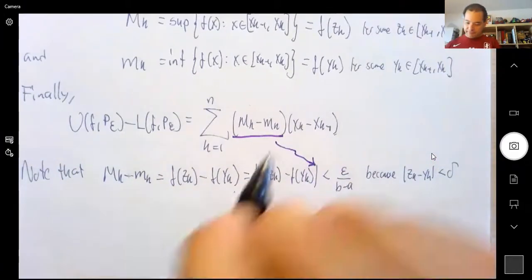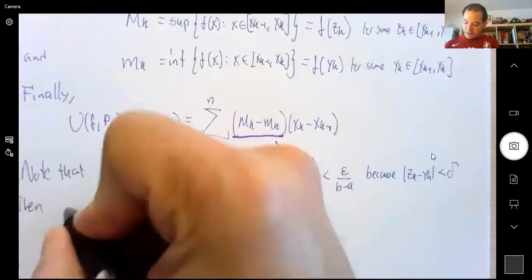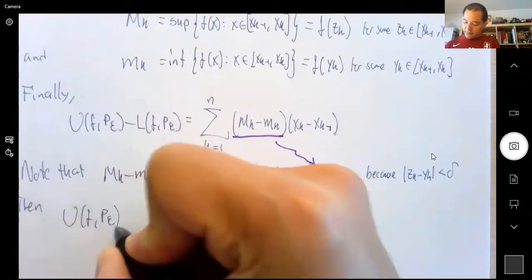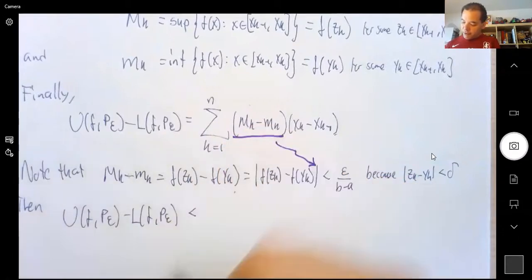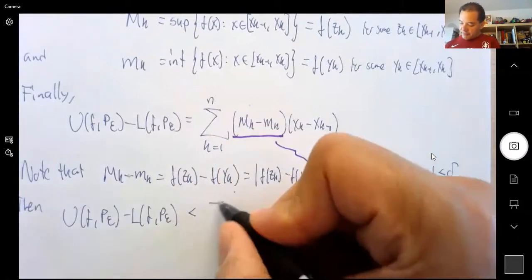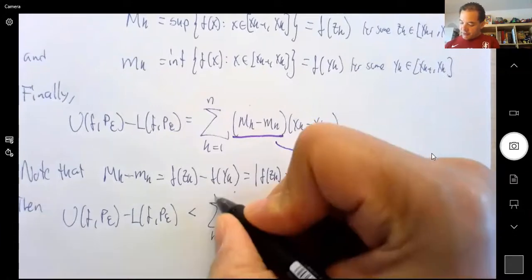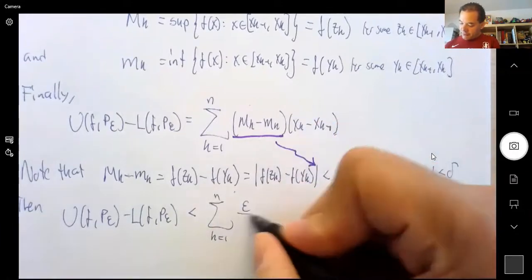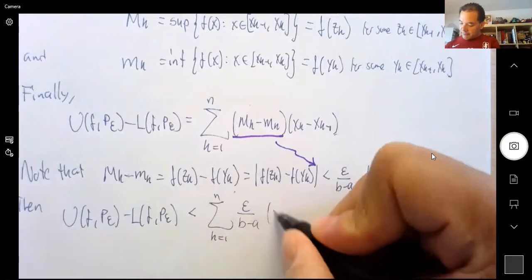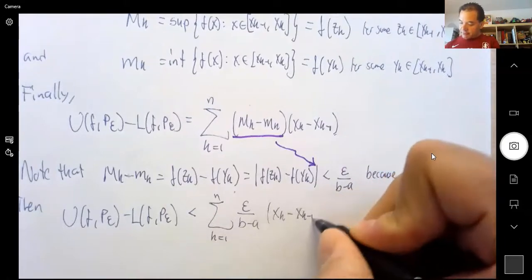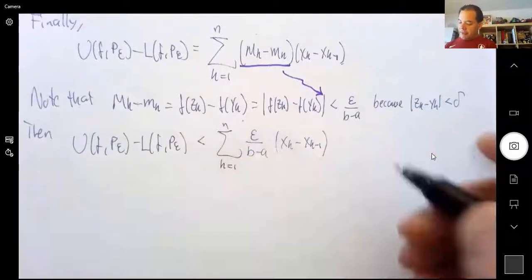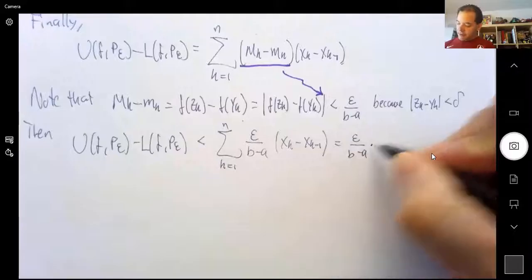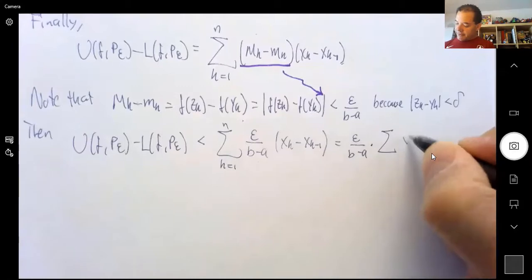So then U of f, p epsilon minus L of f, p epsilon will be smaller than the sum from 1 to n of epsilon over b minus a times xk minus xk minus 1. Now this is a constant, so I can take it out. And then all I have is xk minus xk minus 1.